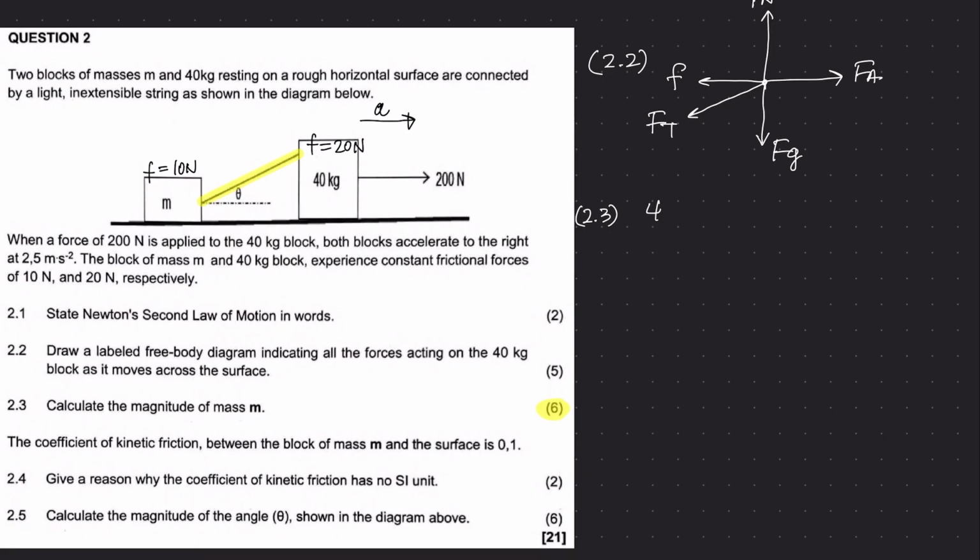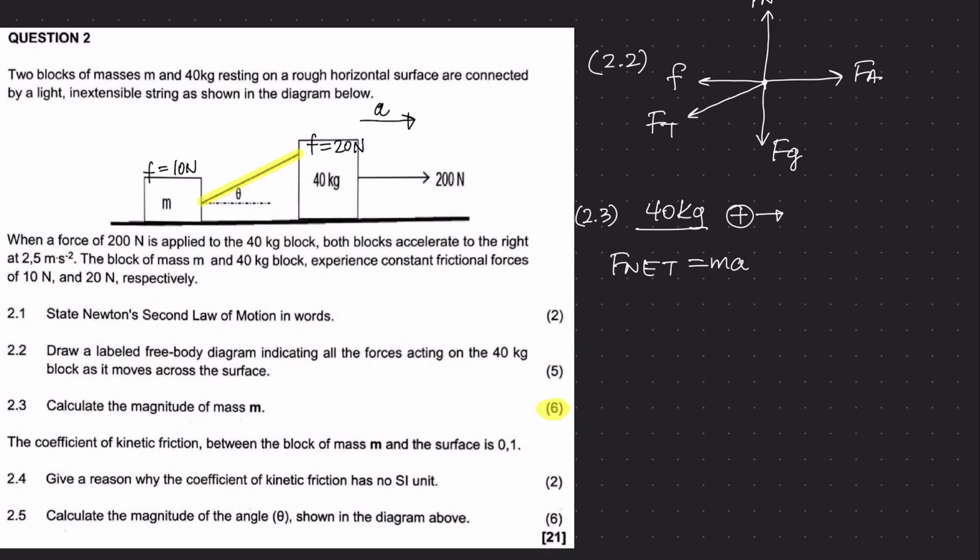So for the 40 kilogram block, we can say that F net is equal to MA. Now we need to choose a direction as positive, and generally we would choose the direction that the object is moving in as positive. So I'm going to choose right as positive.